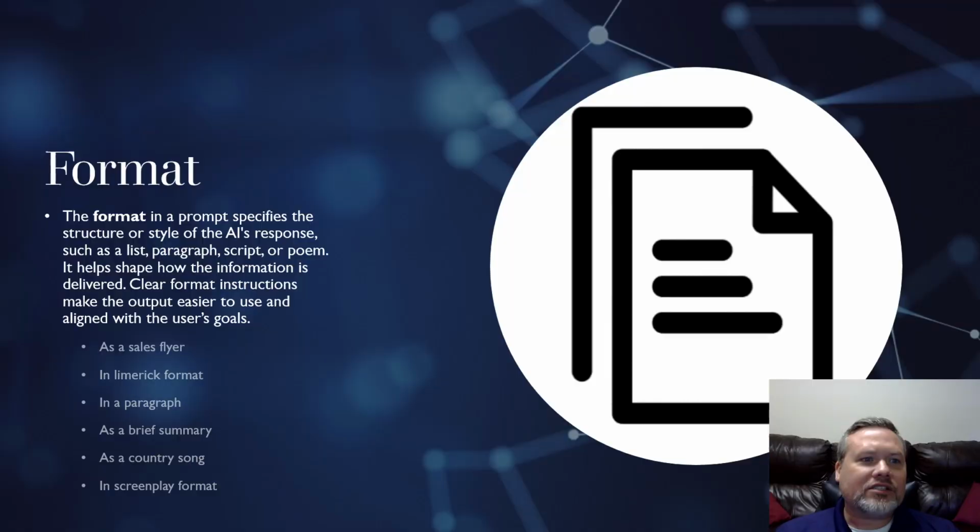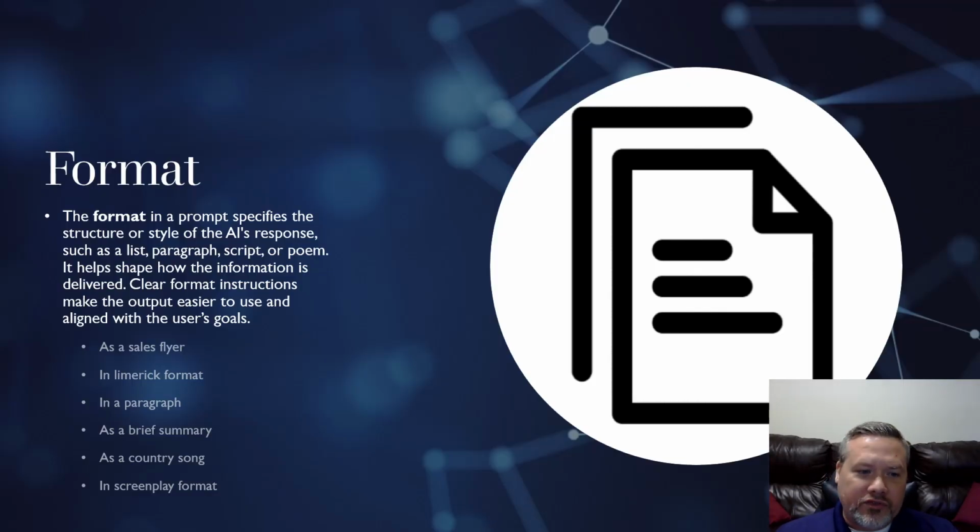So that's the task. Finally, there's the format, and this is where you tell the large language model how you want your output received. What do you want it to look like? If you don't put any parameters on this, a lot of times a large language model will just generate paragraphs and paragraphs and paragraphs of text.